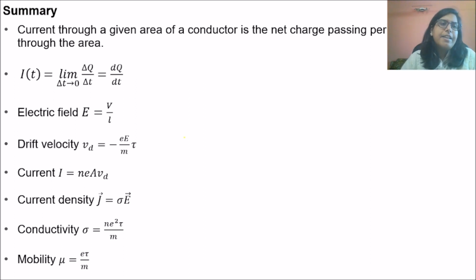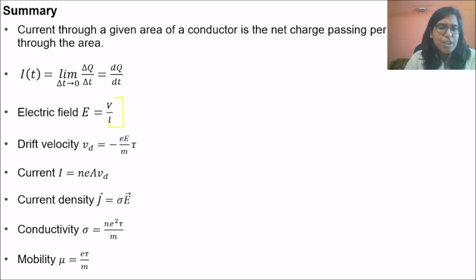Now what have we studied in this chapter? So here is a quick revision. What is the current? Current is the flow of net charge passing through a conductor per unit time, right? And what is the relation between electric field and voltage?